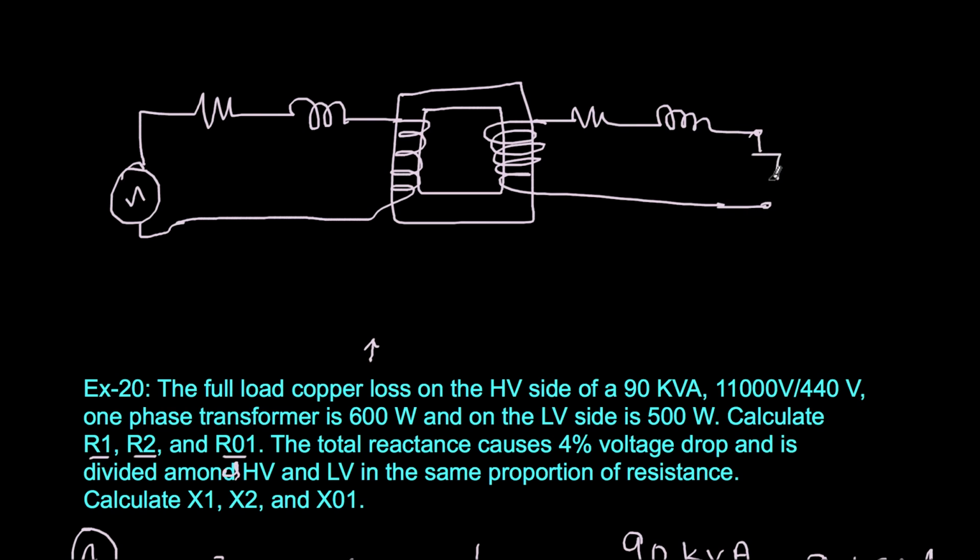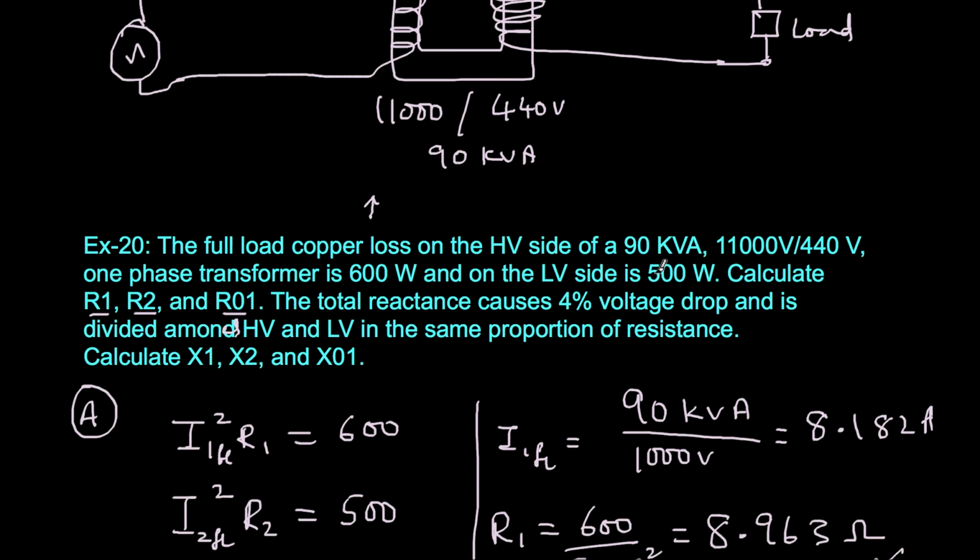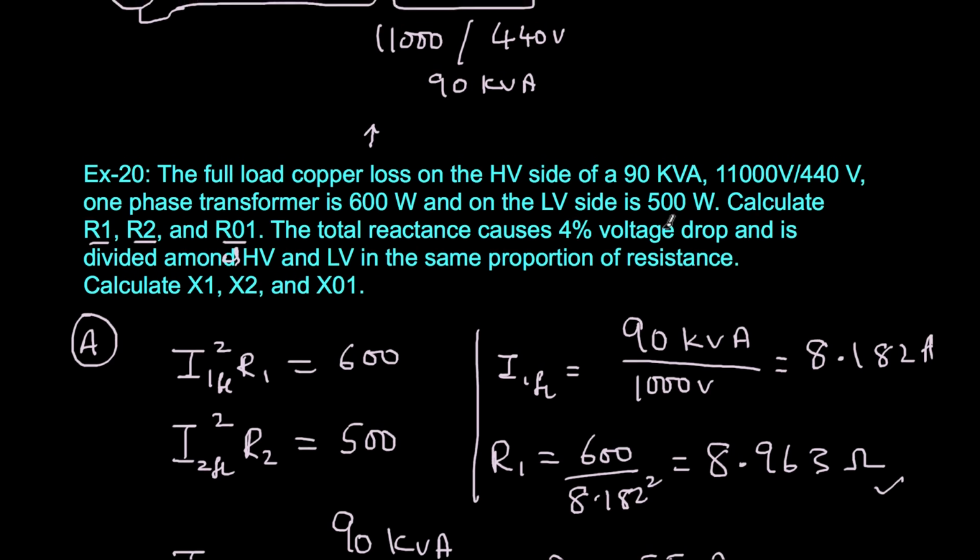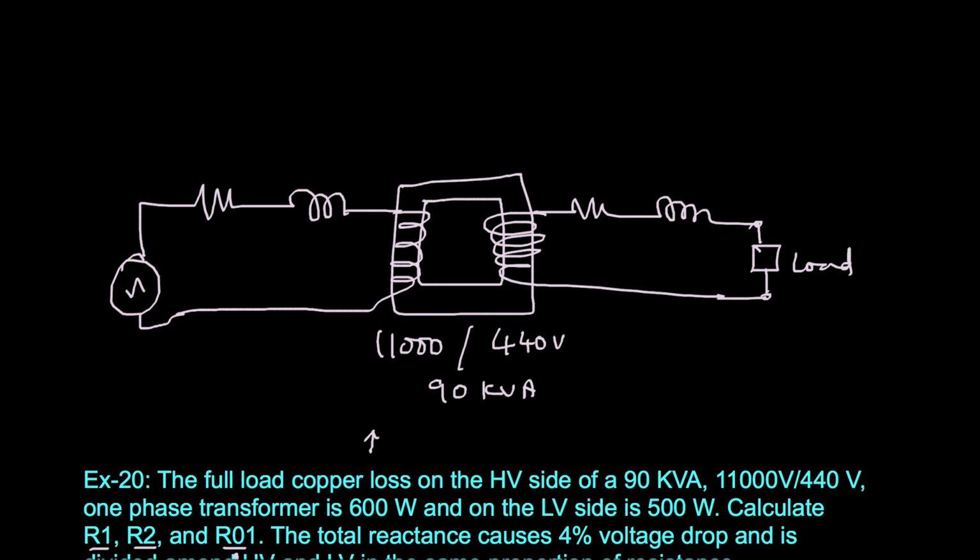Here there could be a load. This is 11,000 volts divided by 440 volts and 90 kVA. And what are the values? R1 is 8.963, this is R1.